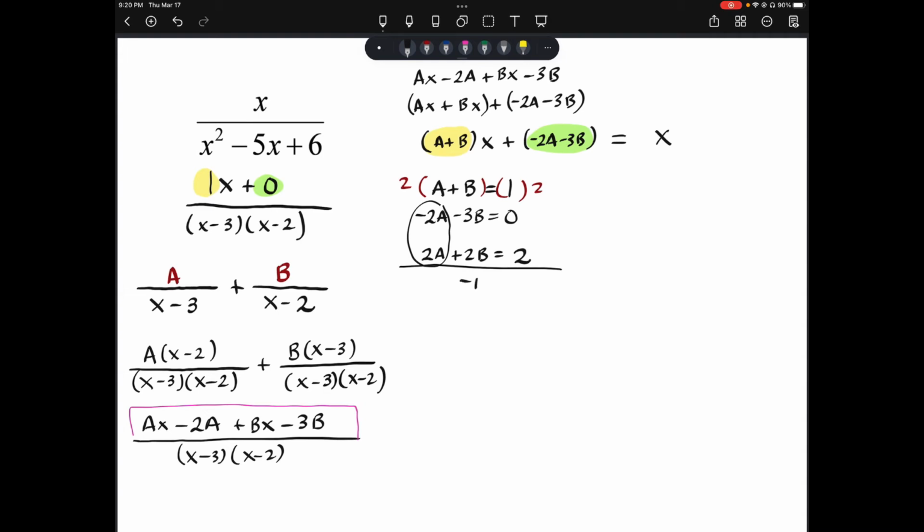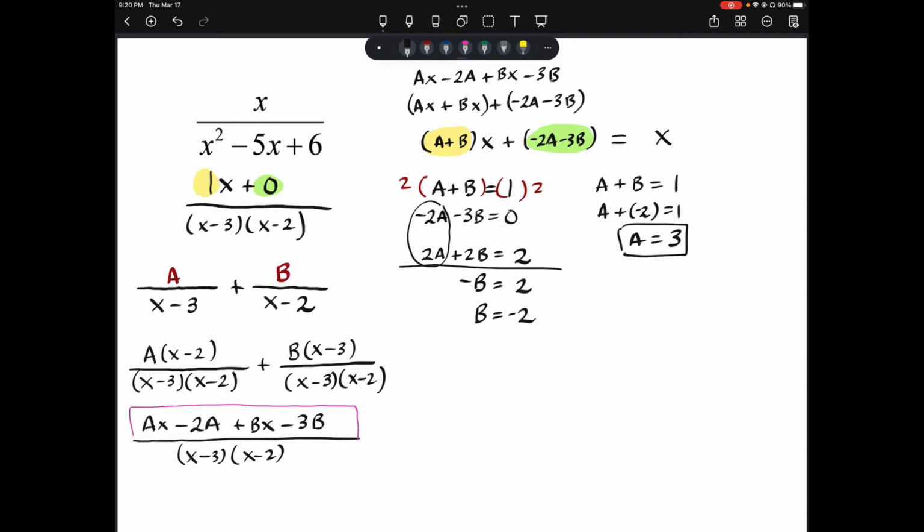We're going to have a negative b left over is equal to 2, which means that b should equal negative 2. And then we need to go back and figure out what a is. So if we know that a plus b is equal to 1, we know that a plus negative 2 equals 1, and therefore a has to equal 3.